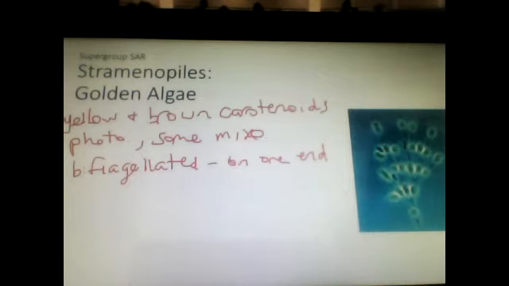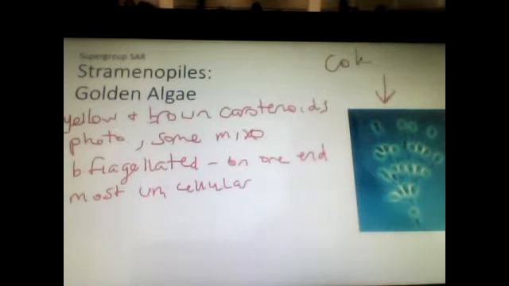And again, most are unicellular, but the one you see in the picture is not. That's a colonial golden algae, so they can live together in groups and kind of start to cooperate.